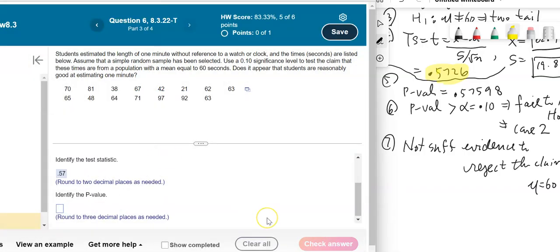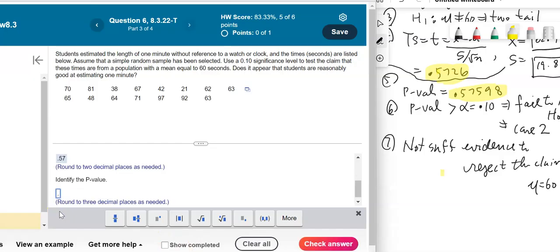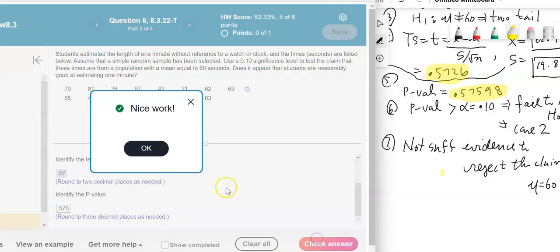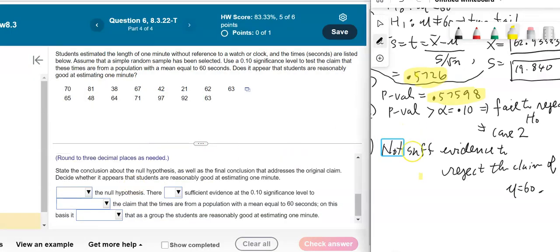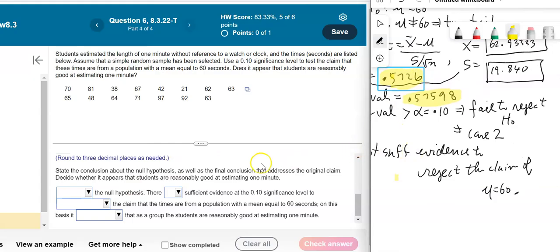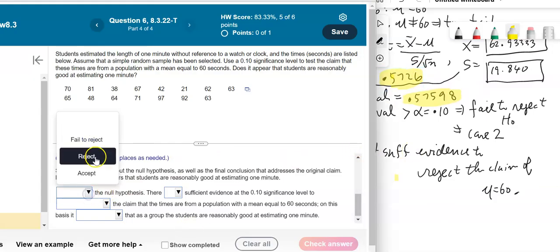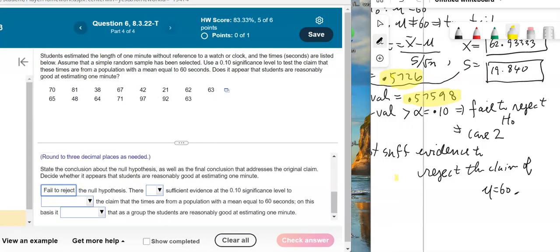What is the p-value? I'm looking at it right there. The p-value is, again, a very big p-value actually. 3 decimals, 0.576. Better be right. Okay. So now I wrote everything there. What is it? Fail to reject the null hypothesis.